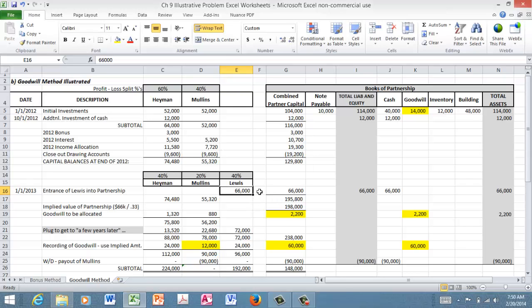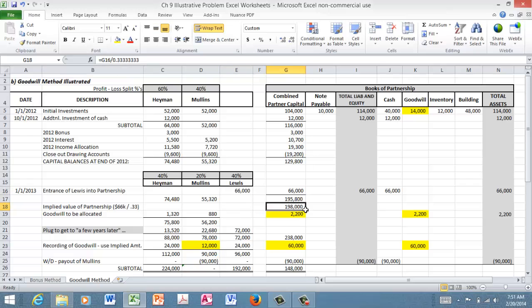Now pay attention here, because that $66,000 implies that the partnership is really worth $198,000. How do I know that? If $66,000 is equal to 1/3 of the entire partnership balance, what is the entire partnership balance? And you can see it's implied to be $198,000. You can see the math going on there.